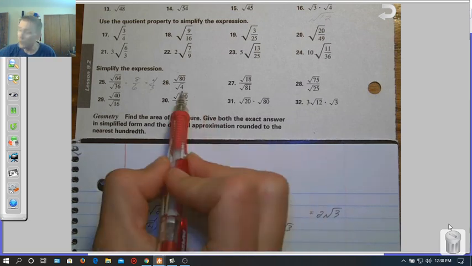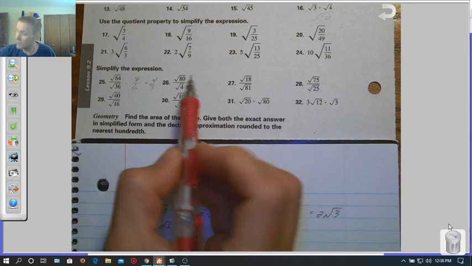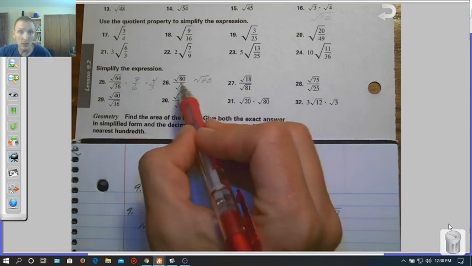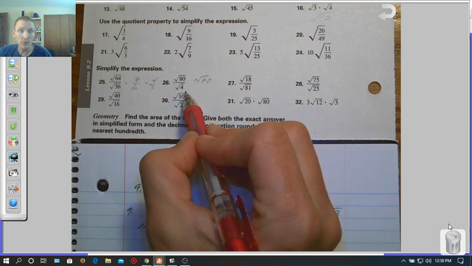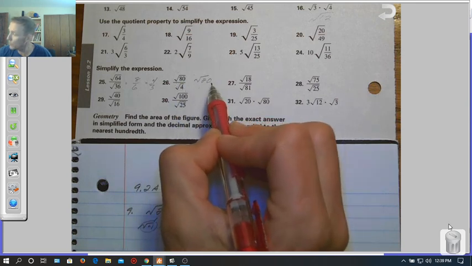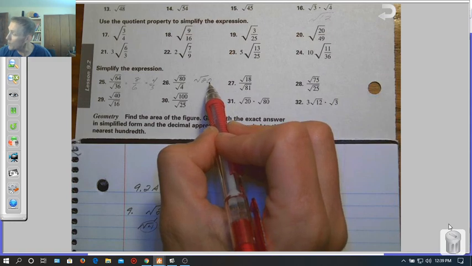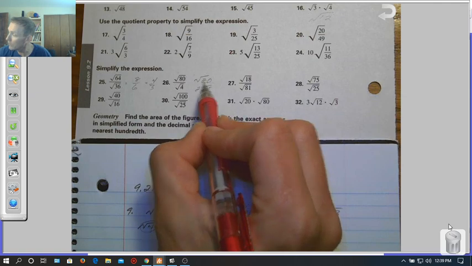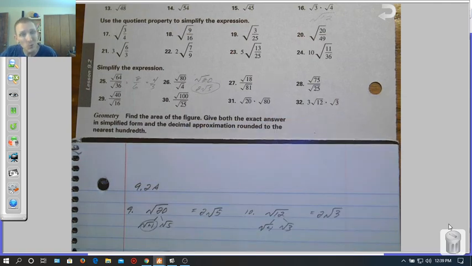And the 4 reduces away the 80, and this is then radical 20 because the 4 cancels out. And now let's simplify radical 20, which if we remember that from number 9 on homework, we have 2 radical 5. One of the things I want to stress to you is remember problems you've already done. You've taken the radical or the square roots of lots of numbers, and they're going to appear again throughout this entire worksheet. So keep that in mind as you go through.